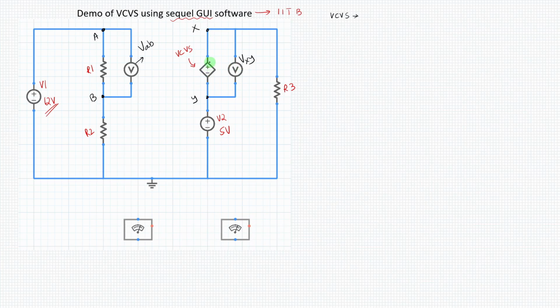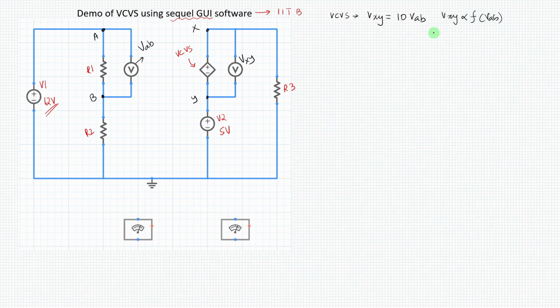I will be defining Vxy as 10 times VAB. Whatever the voltage across VAB, the magnitude of Vxy will be 10 times that. This is the meaning of a voltage controlled voltage source. So Vxy is a function of VAB, and as VAB changes, Vxy also changes.